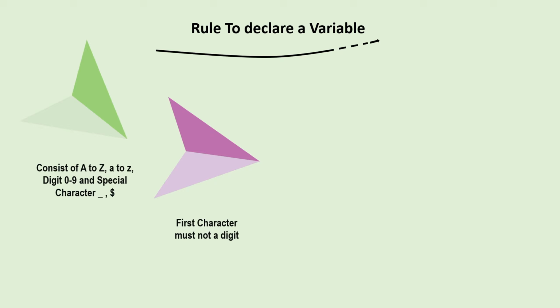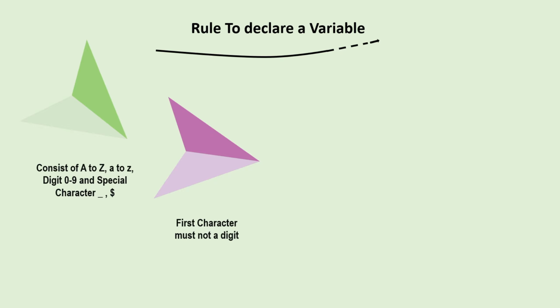Second one is the first character must not be a digit. Think of a person's name, like Roshan or Sonu. You would not put a number before the name, like 20 100 Roshan.